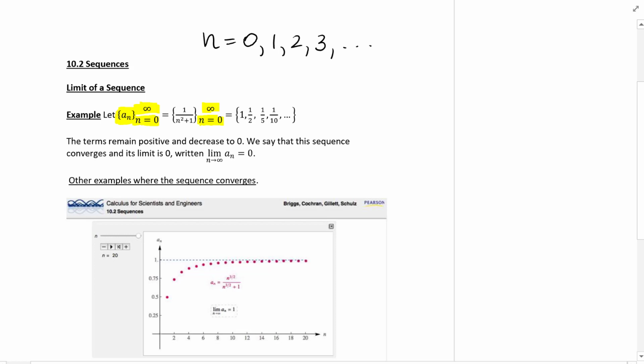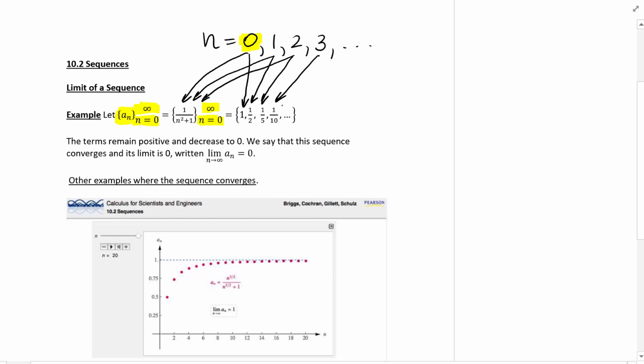Whole numbers. So if you set n equal to 0 and replace it in this expression, we get 1. If n equals 1, we end up with the next term of the sequence, a half. If n equals 2, we get 1/5, and so on.